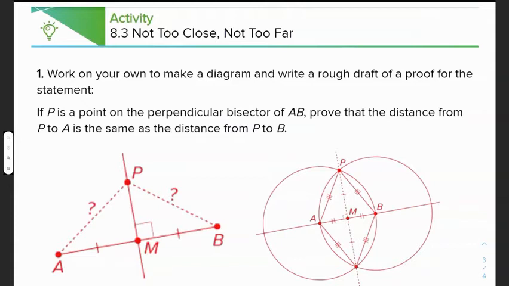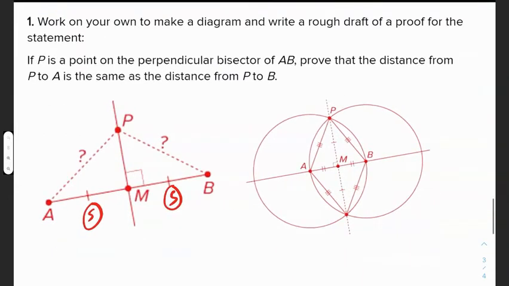First off, by definition, bisector means it cuts AB perfectly in half. That means AM is going to be congruent to BM.